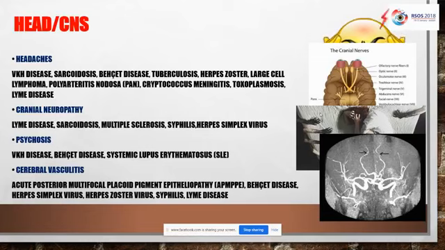Herpes simplex virus, with a history of involvement of the vessels and herpes simplex complicated by vasculitis, and also the herpes zoster virus. Those patients with syphilis and those patients with Lyme disease, all of them can present with cerebral vasculitis. So those are the main items related to the head and central nervous system symptoms.